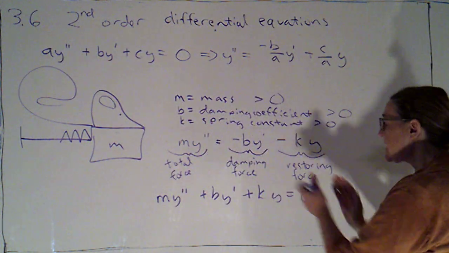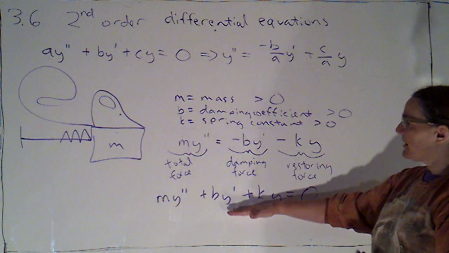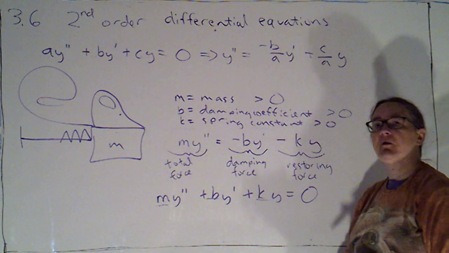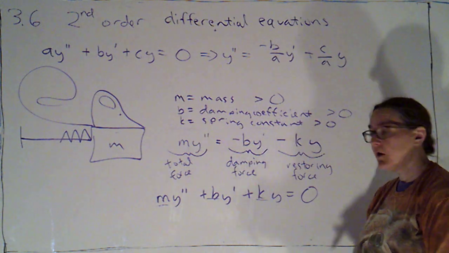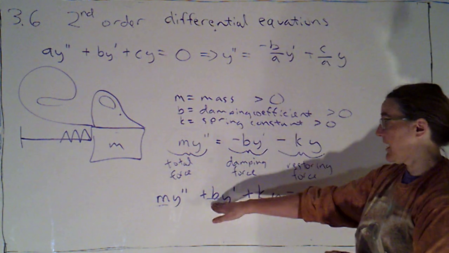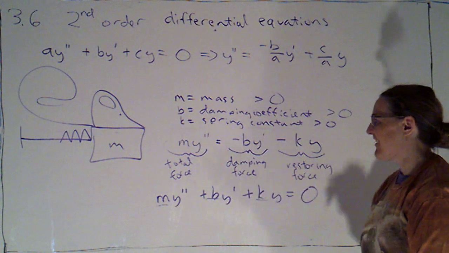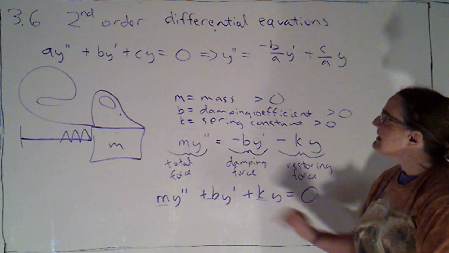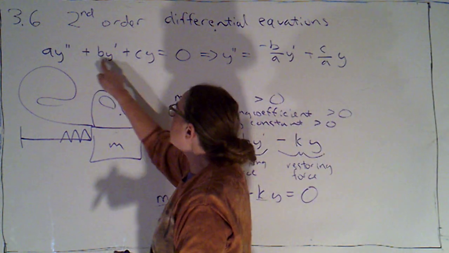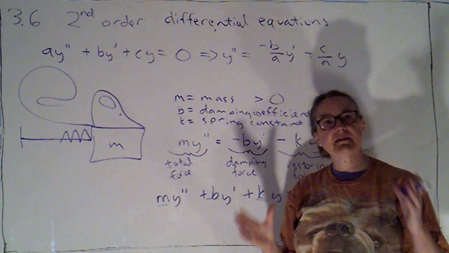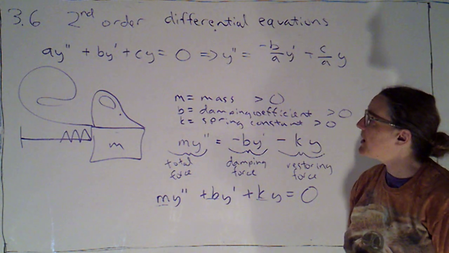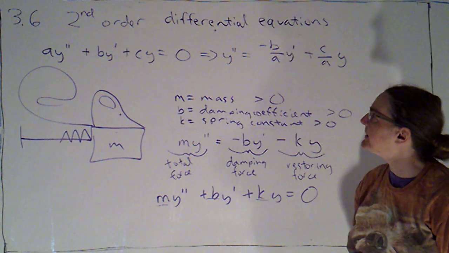So if we have a differential equation like this, where all of these coefficients are positive, or I guess they could be zero, because we could have an undamped harmonic oscillator, so B could be zero. But if I don't have any negative values for A, B, and C, then I know that my second order differential equation is going to correspond to some sort of a harmonic oscillator.